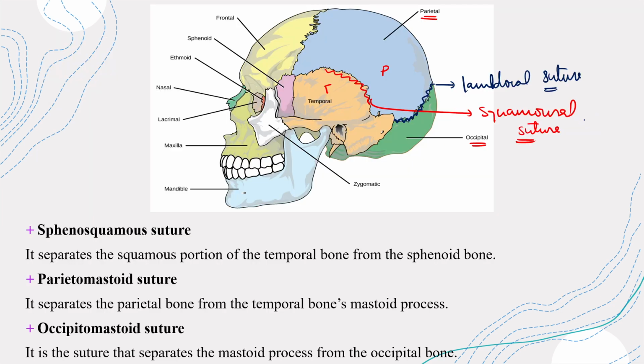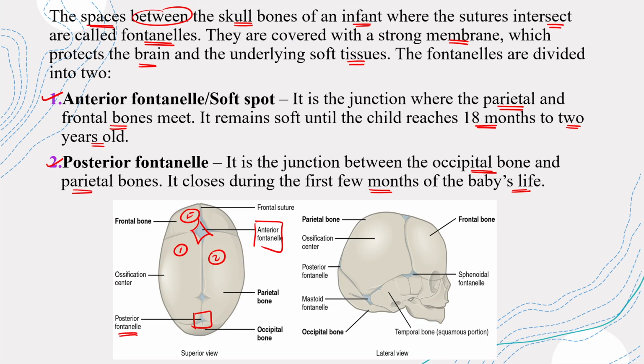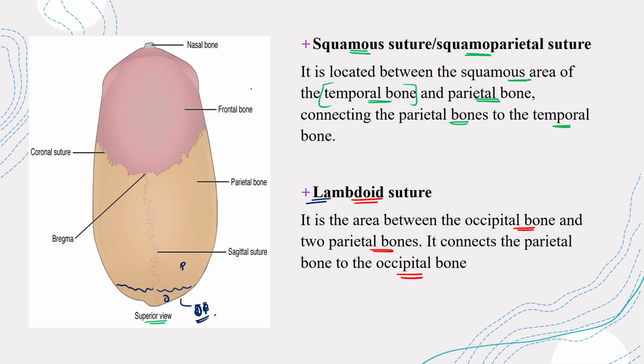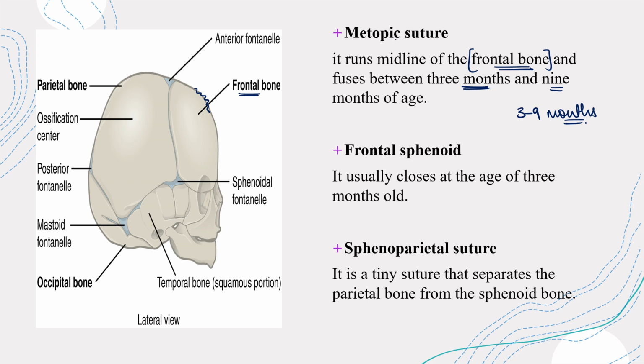This suture is the metopic suture because it's present in the frontal bone, in the middle of the bone. It runs between the frontal bone, in the middle of your frontal bone, and it fuses between 3 to 9 months of age.